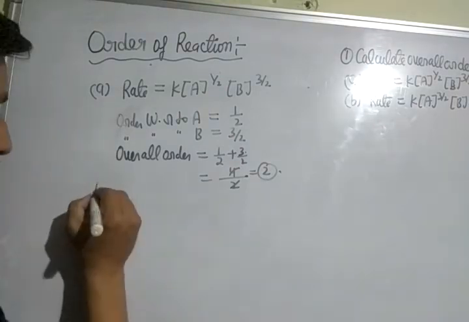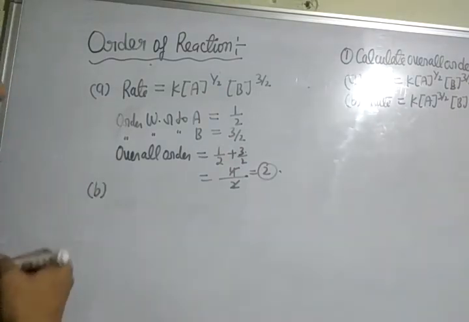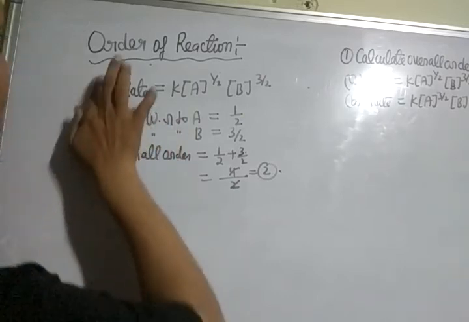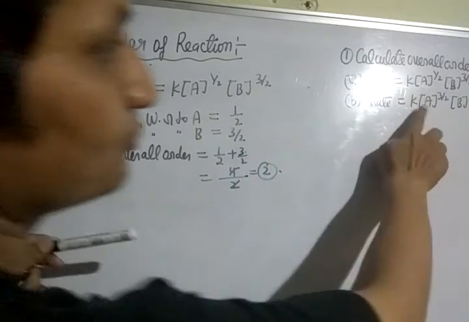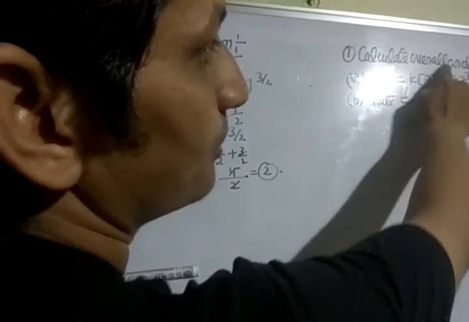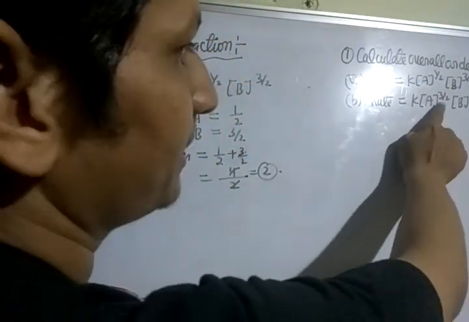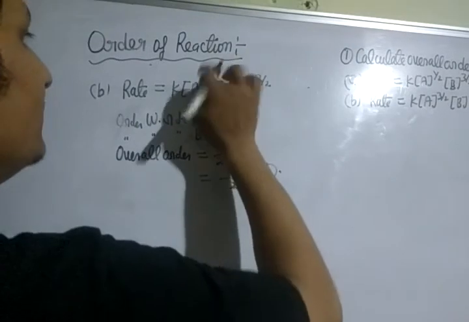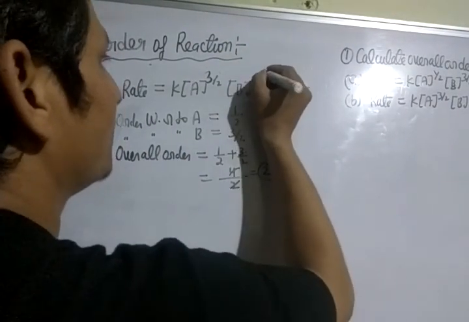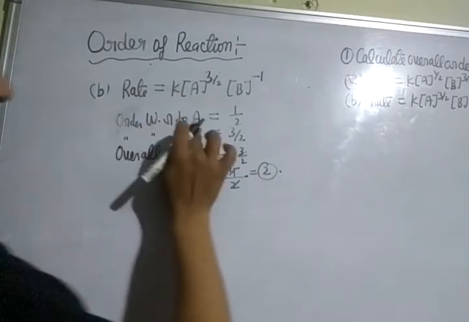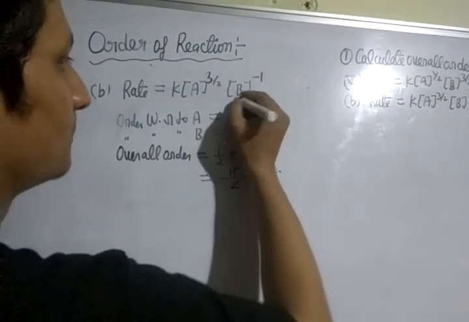Next, B part. Rate is equal to K[A] to the power 3/2 [B] to the power minus 1. Calculate the overall order of reaction. Order with respect to A is 3/2.